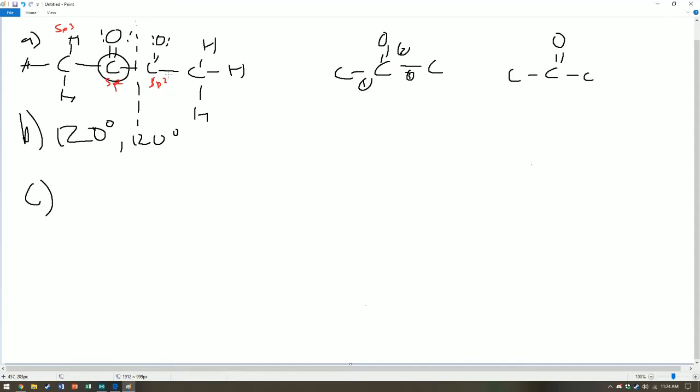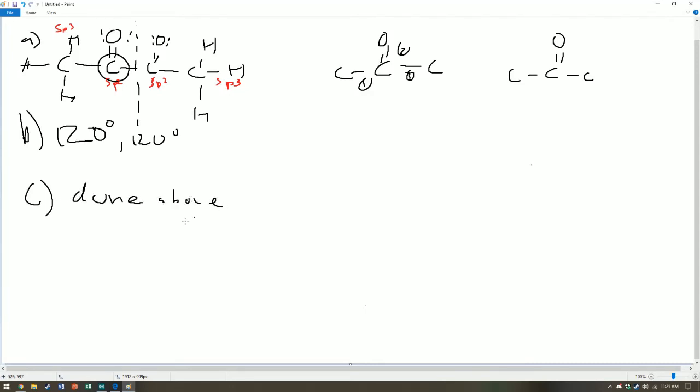The way I'm doing that is counting the number of electron domains minus 1, and that is how many p orbitals are hybridized, and you just slap an s on there. And lastly, we have 1, 2, 3, 4, so sp3 hybridized. So there we go, that's part C done.